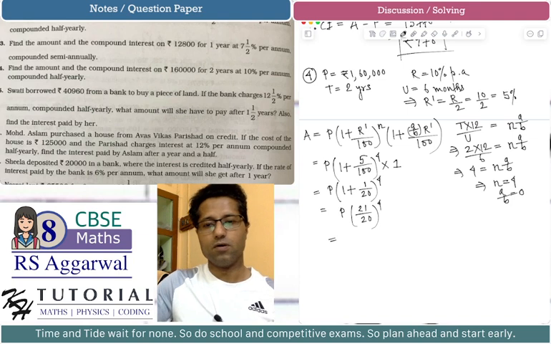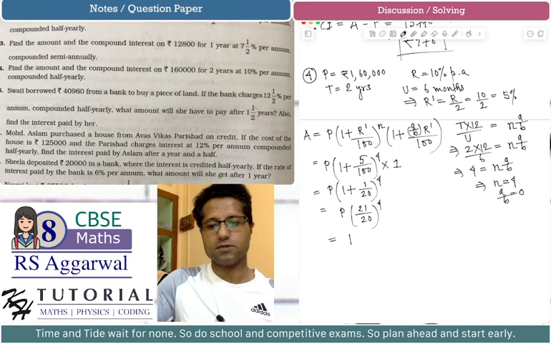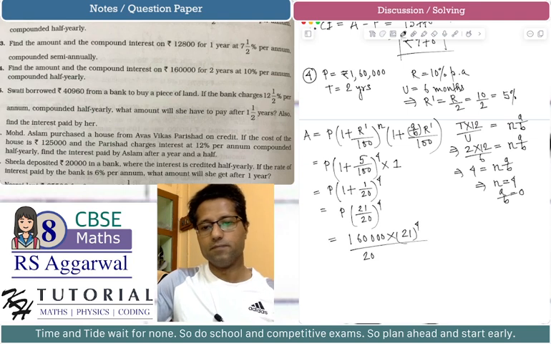Now we put the value of the original principal, which is 1,60,000, multiplied by 21 to the power 4 divided by 20 to the power 4.